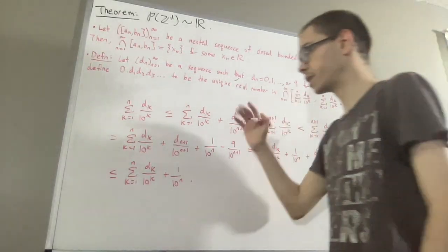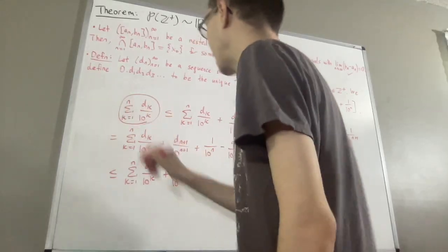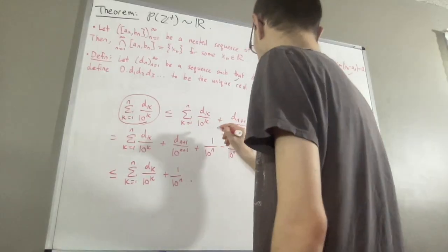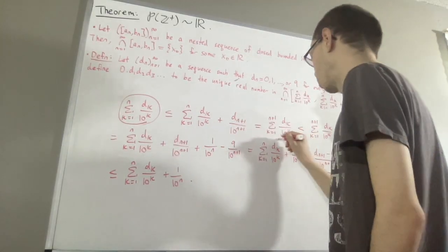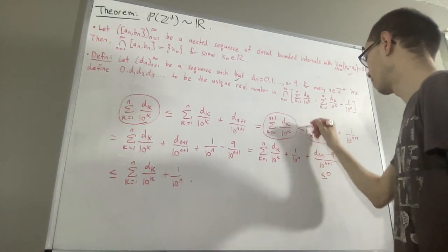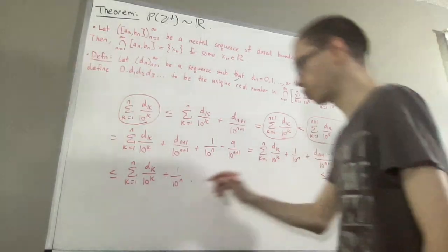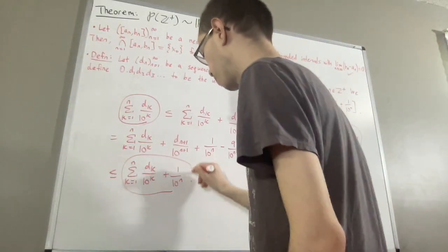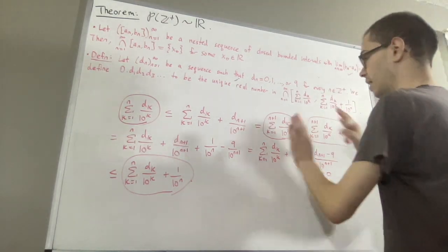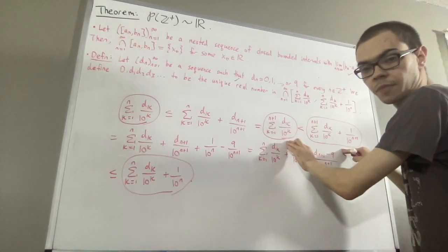Right, so what we see here now is we have the left endpoint of the nth interval is less than or equal to the left endpoint of the n plus 1th interval, which is less than the right endpoint of the n plus 1th interval, which is less than or equal to the right endpoint of the nth interval. That tells us that the nth interval contains the n plus 1th interval.